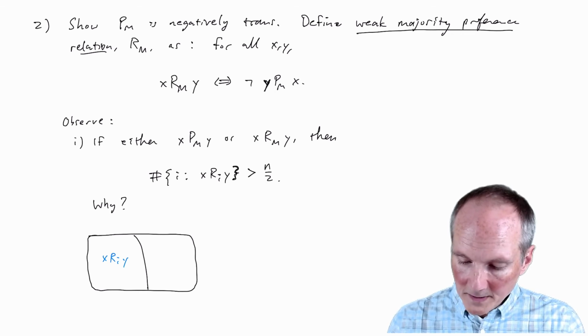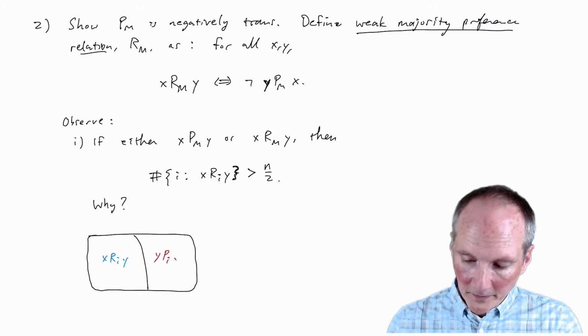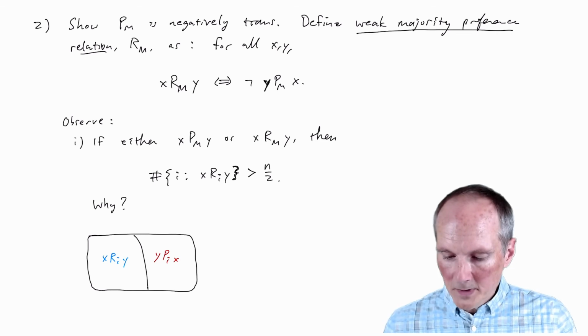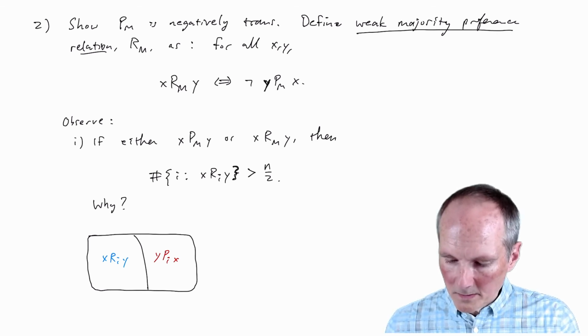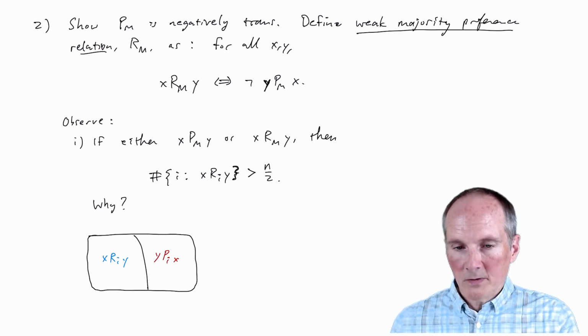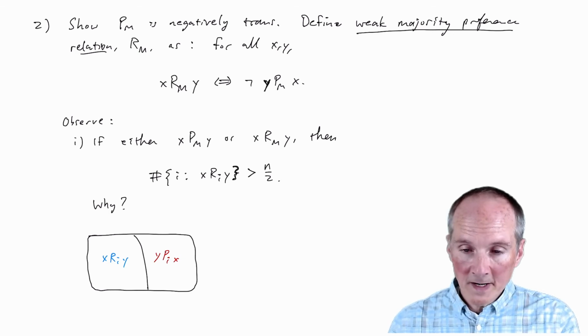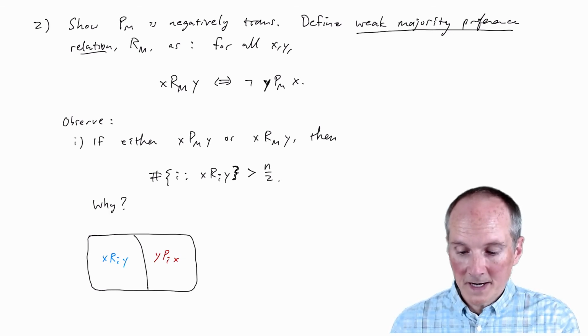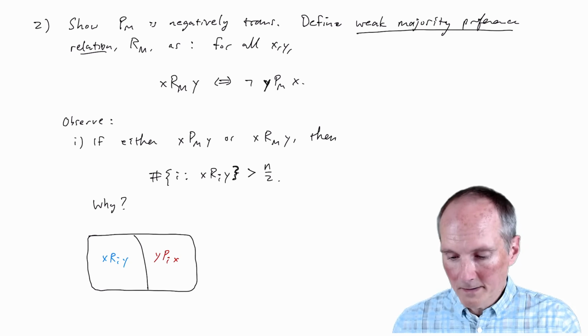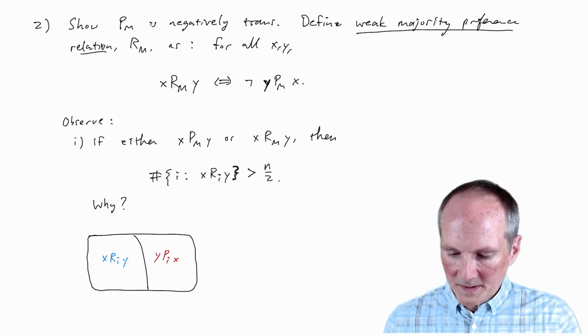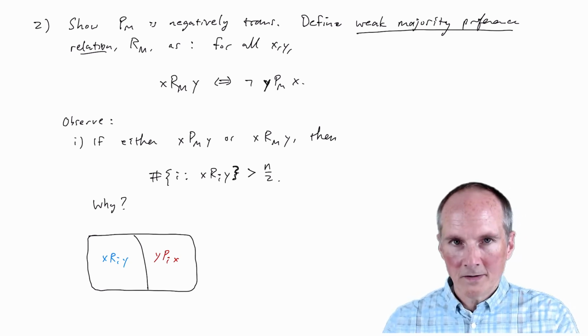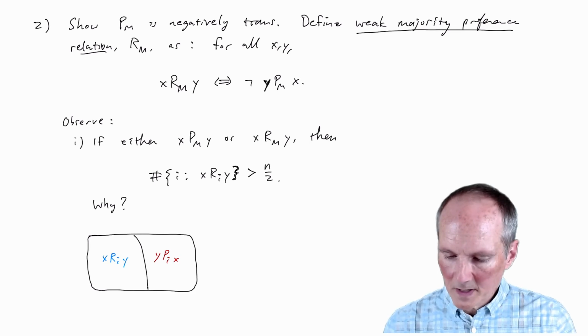They must strictly prefer y to x, because you either strictly prefer y to x, or you don't, in which case you weakly prefer x to y. So this is a partition of the whole society into 2 groups.